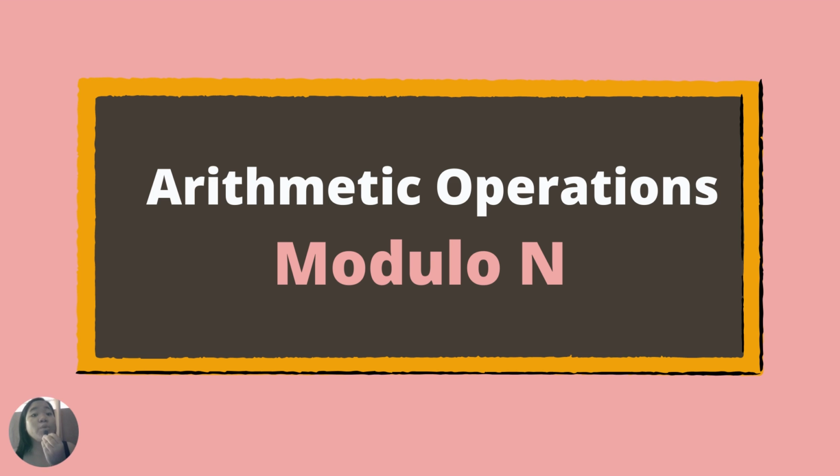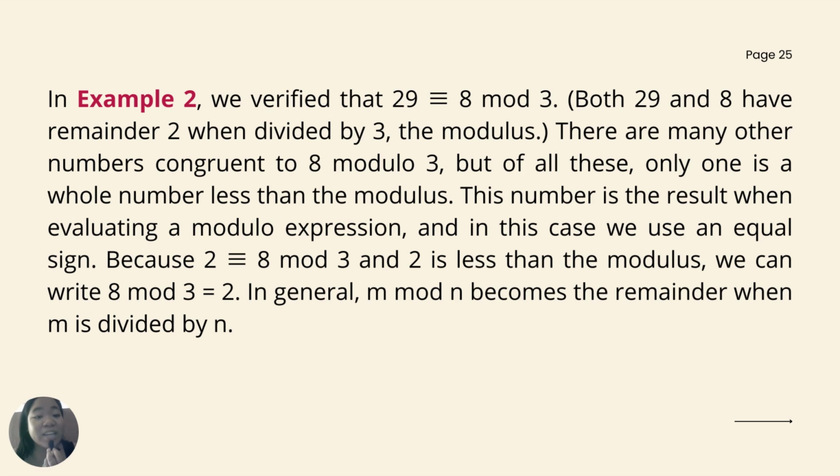Okay, let's move on to arithmetic operations modulo n. In example number 2, we verified that 29 is congruent to 8 mod 3. So both 29 and 8 have a remainder of 2 when we divide them by 3, which is our modulus.